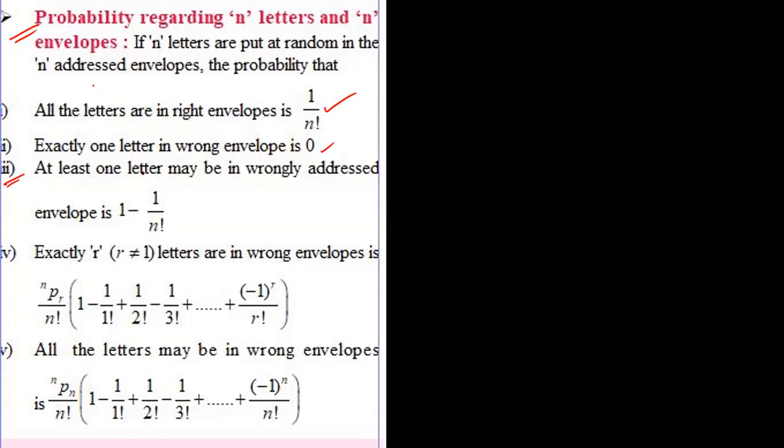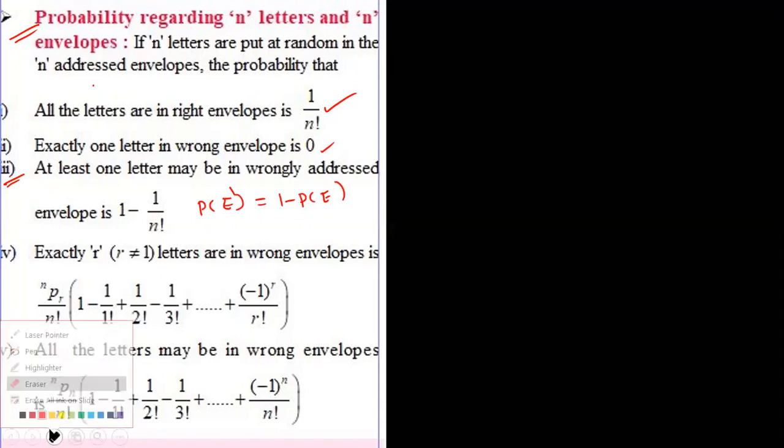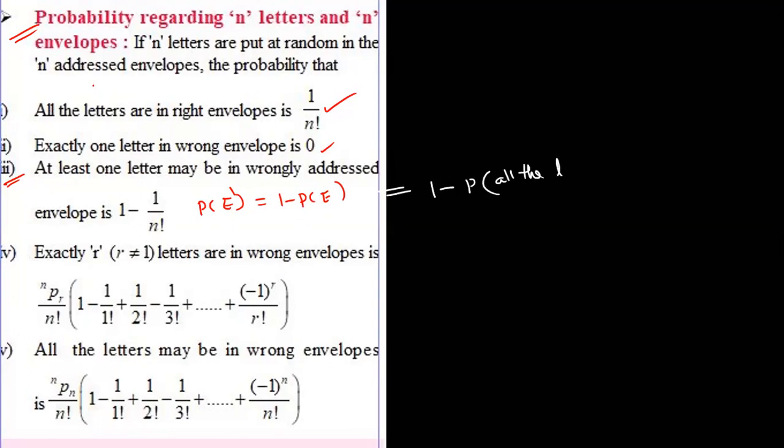Third case. P of E is equal to 1 minus P of E dash. P of E dash is equal to, what is the meaning? 1 minus all the letters are in right envelopes, how many ways?